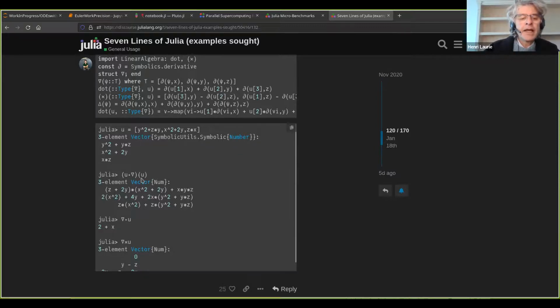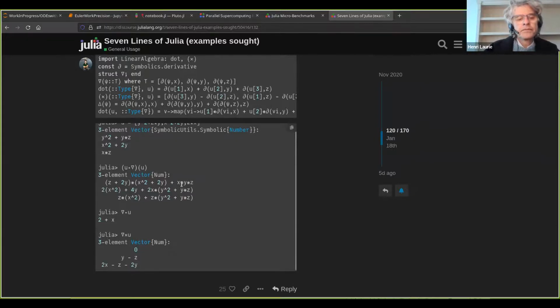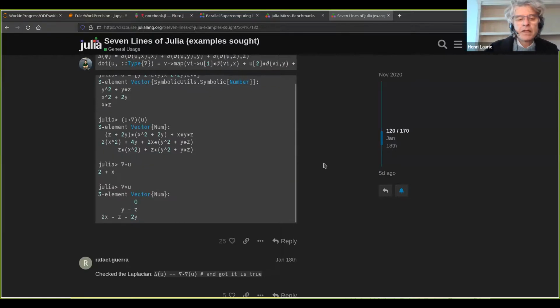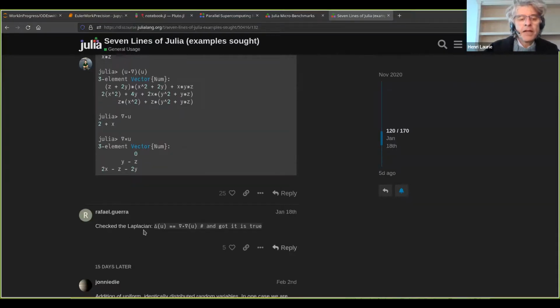And then you can have U dot delta and nabla, and it comes out all correctly. And in fact, if I keep on scrolling down, the Laplacian was tested and it became true.